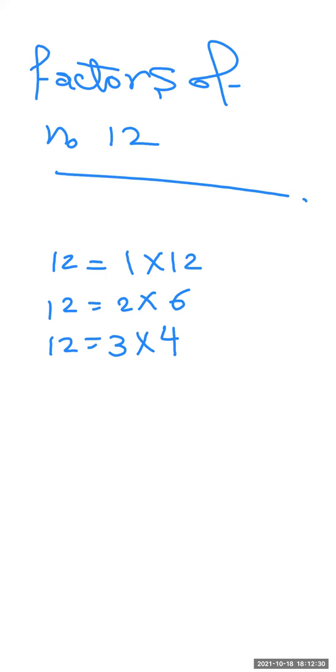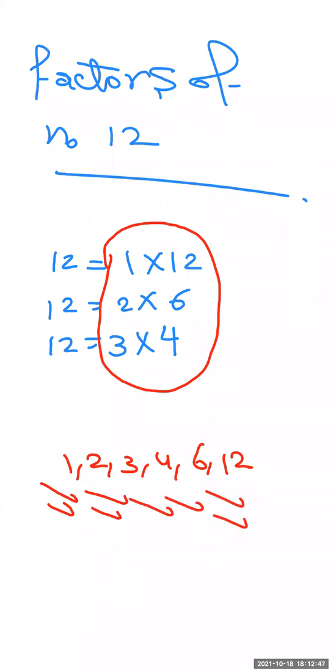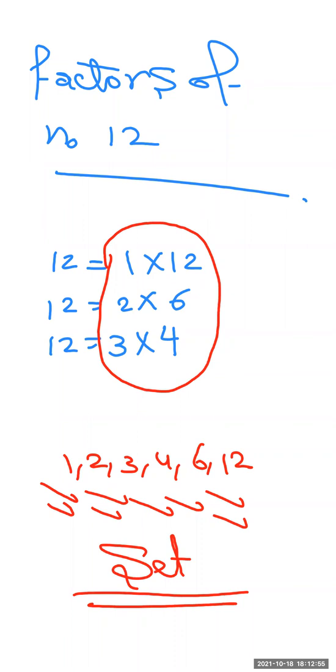Nothing more, right? So the factors of number 12 are these numbers: 1 and 2 and 3 and 4 and 6 and 12. Well defined, right? Well known, clearly defined. So it's a set, of course. Okay, guys?